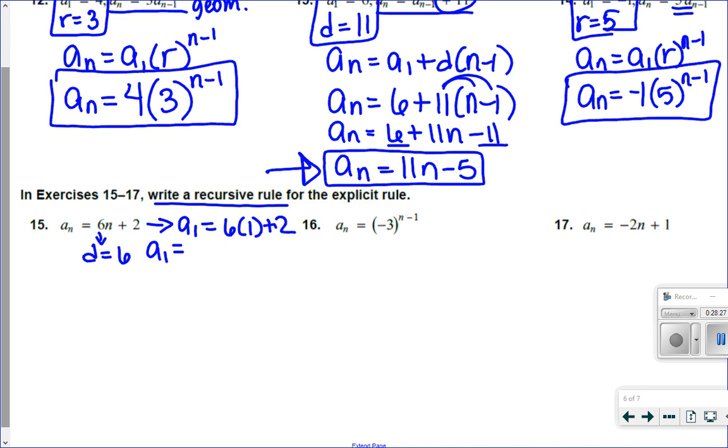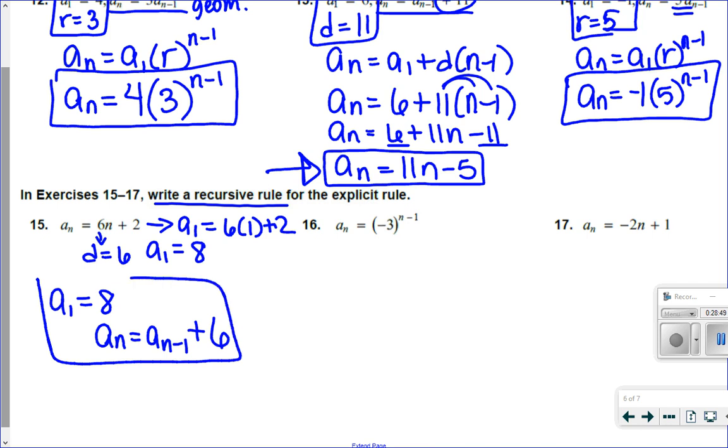So 6 times 1 is 6, plus 2 is 8. That would be the first term in this sequence. So I know that the first term in my sequence is 8, and I know that every new term is going to simply be the previous term plus 6. Okay, there's my first term, there's my common difference. This would be the recursive explanation for the pattern.